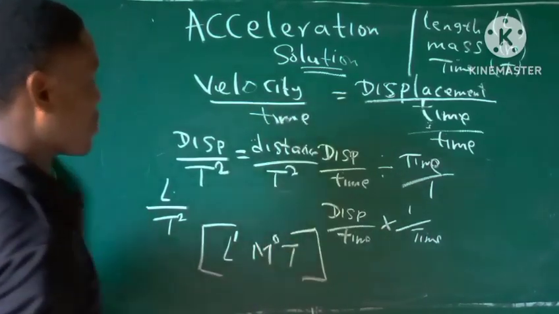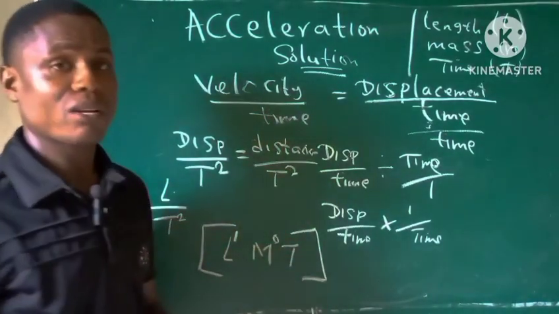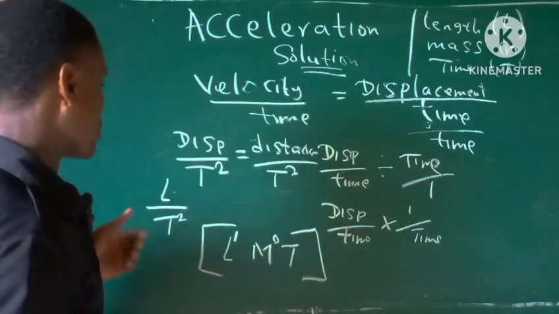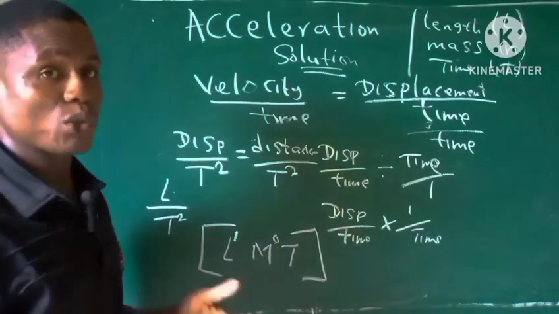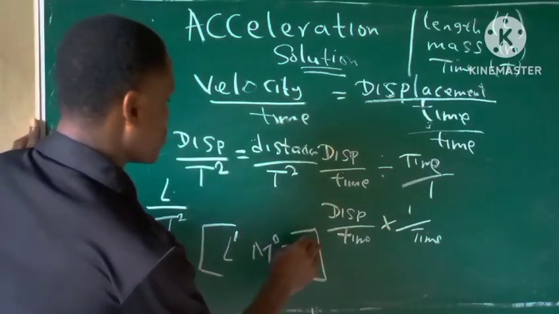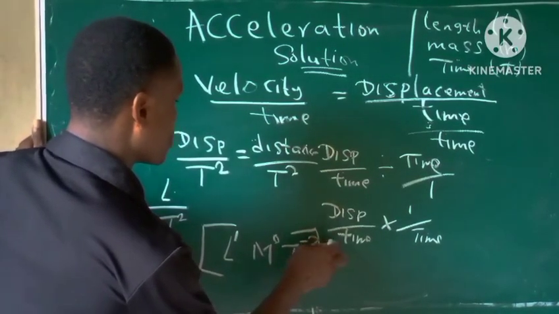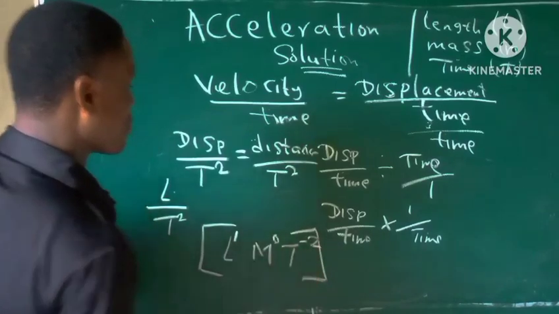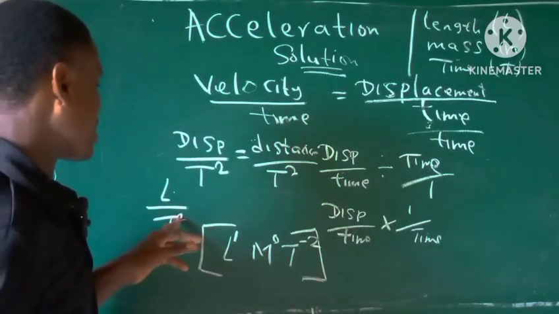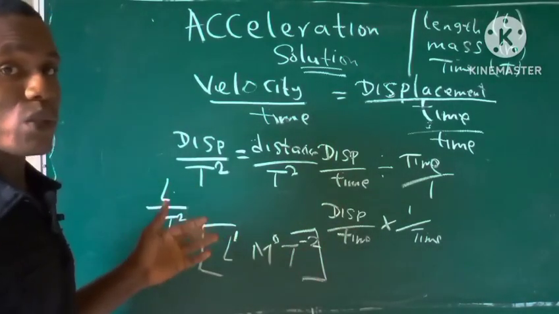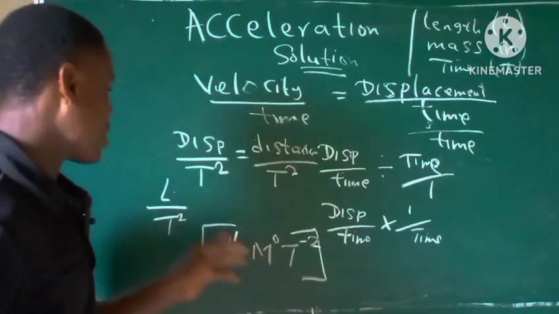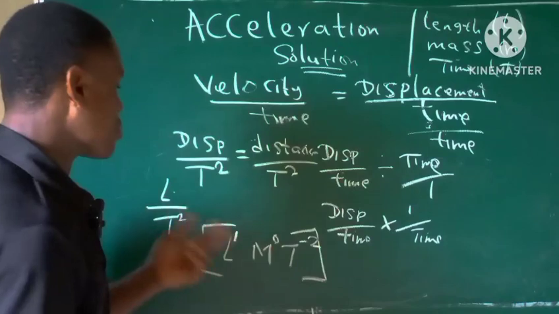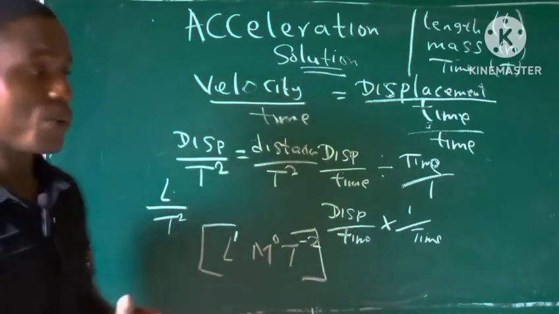Any quantity that is not present, you represent with 0. T is present and T is the denominator, so we put -2. So T is -2, L is 1, and M is 0.